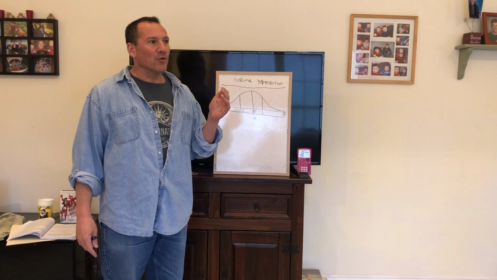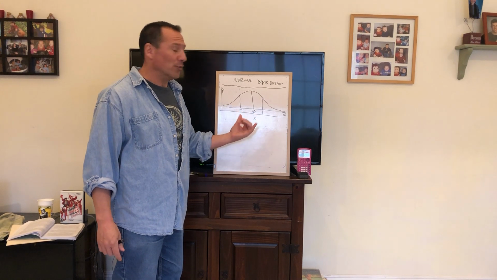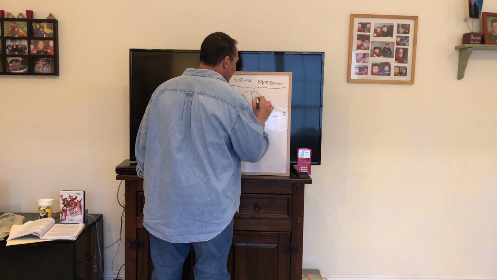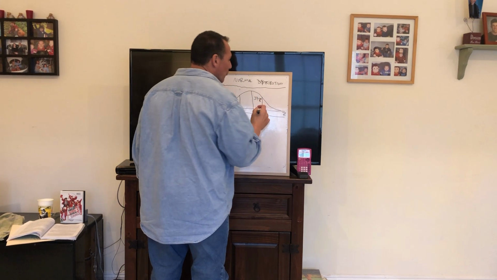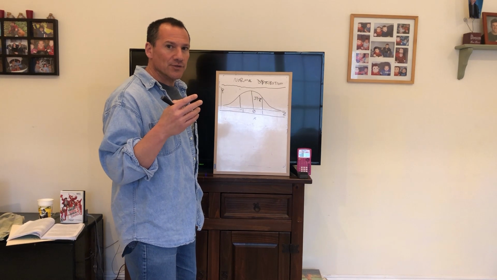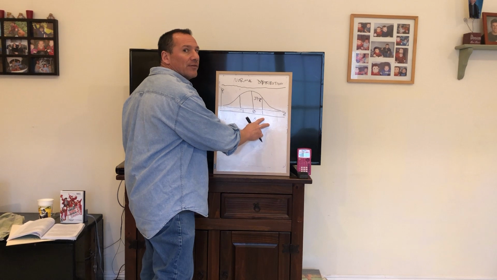As I said before, the sections of the distribution are known. We know that approximately 34% of a normal distribution is found between the mean of that distribution and one standard deviation above it.